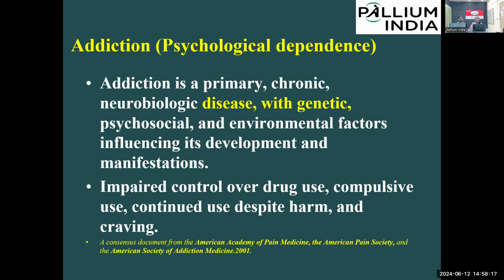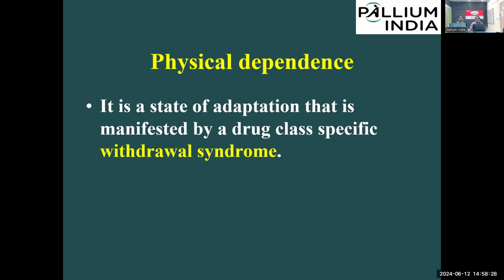This is how the American Society of Addiction Medicine describes psychological dependence or addiction. And what is physical dependence? It is a state of adaptation that is manifested by a drug class specific withdrawal syndrome. So it usually presents as withdrawal syndrome.